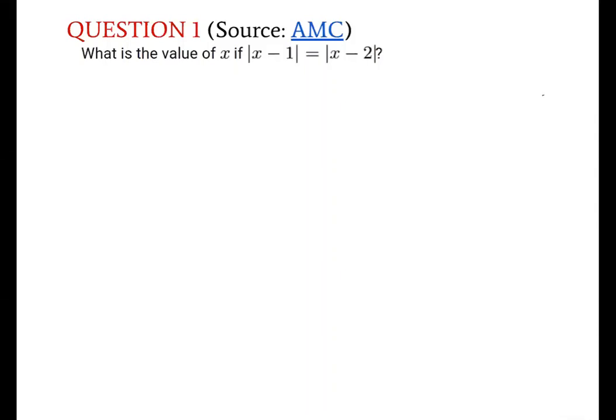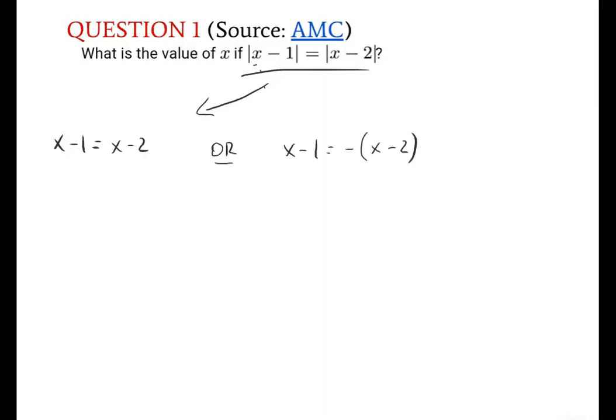Okay, question 1. We are asked to find the value of x, and you have some absolute values. So, this thing either means that x minus 1 is equal to x minus 2, or it means that x minus 1 is equal to negative x minus 2.